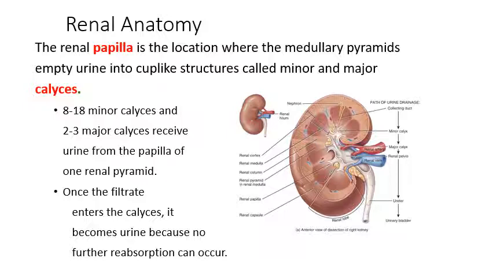Those are the major calyces. And those two or three major calyces that you have in each kidney all merge to form the renal pelvis, right? So the renal pelvis is the area where all of these different calyces are dumping the urine together. And then that renal pelvis will funnel all that urine out through the ureter.